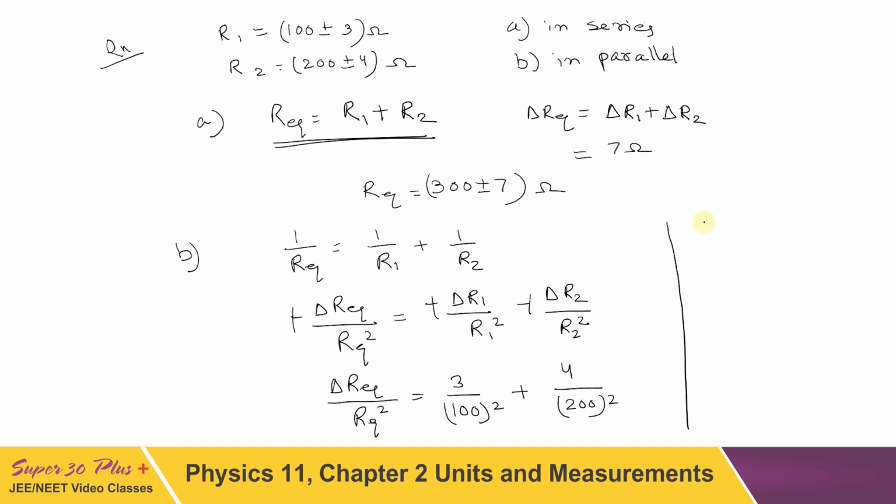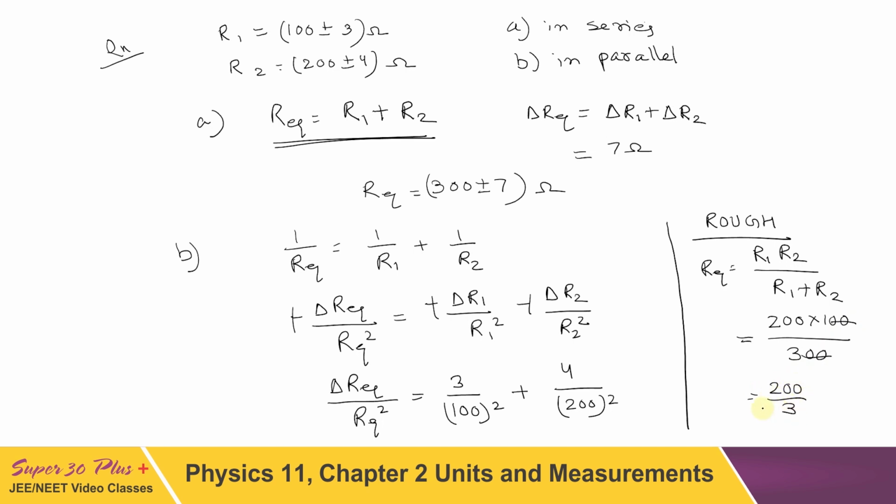Here in the rough work you can calculate value of R equivalent with the help of given formula or write it simply R1 R2 upon R1 plus R2. So it will be 200 into 100 upon 300. That comes out to be 200 upon 3. Substitute this value here to calculate delta R equivalent.